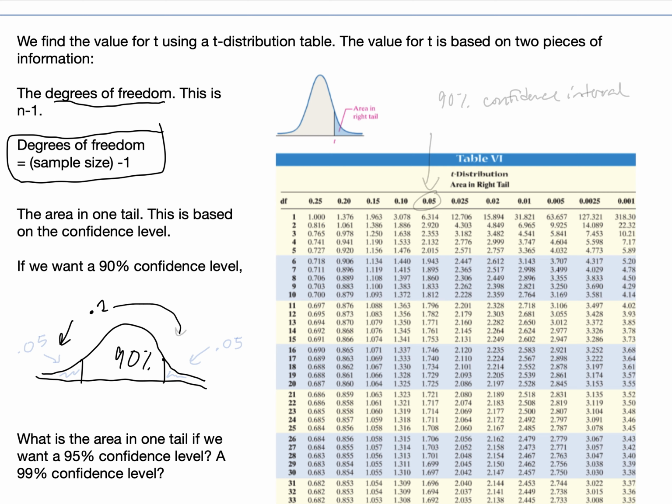And so in each individual tail, there's 0.05 of the data. So the area in one tail would be 0.05, which would be this column if we were talking about a 90% confidence interval.